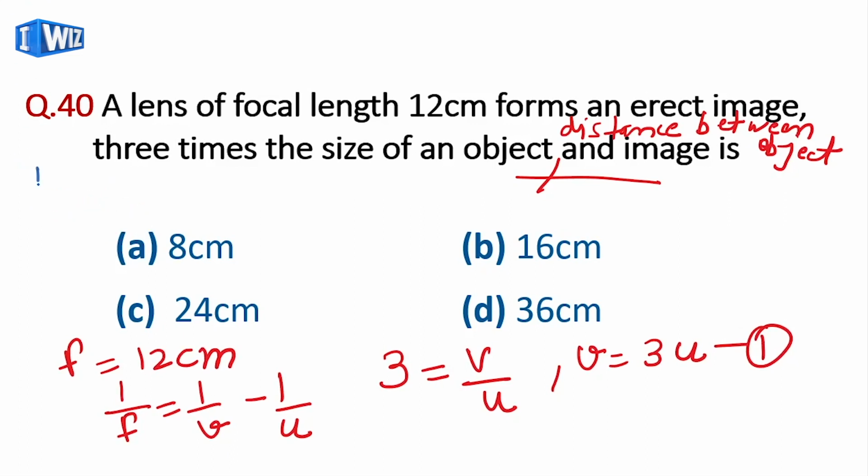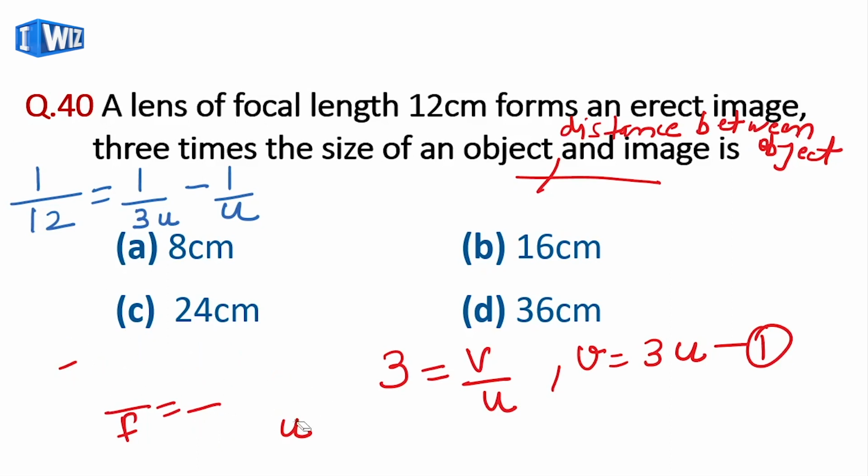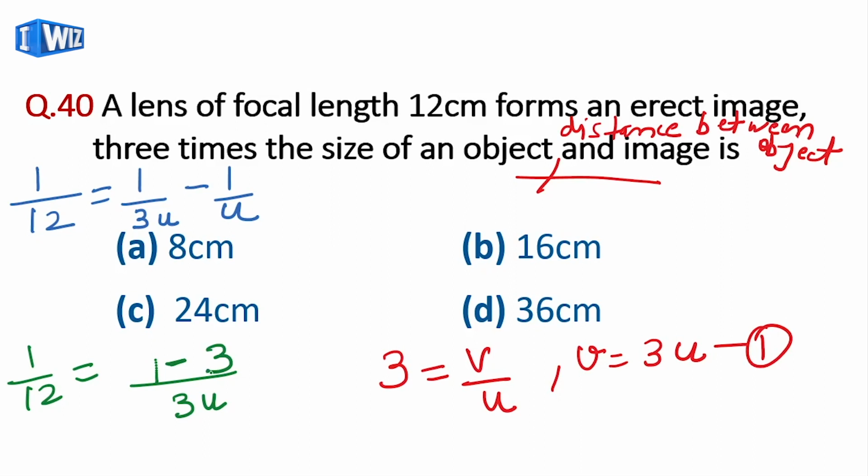1 by F, focal length is 12. 1 by V, V we will put 3U, minus 1 over U. So after solving, just take the LCM now. 1 by 12 is equal to, LCM will be 3U, here 1 minus 3.